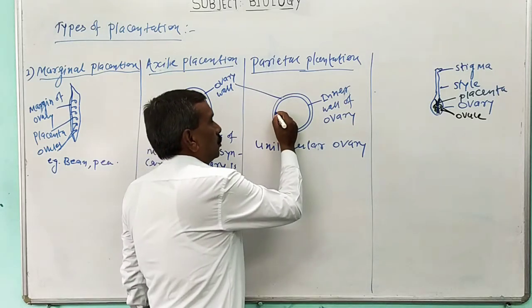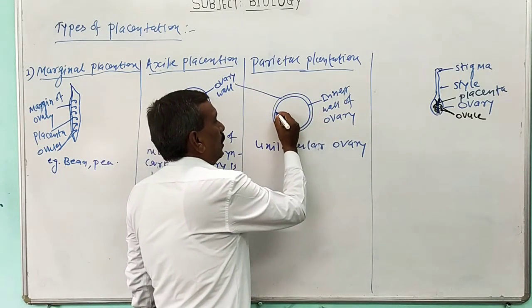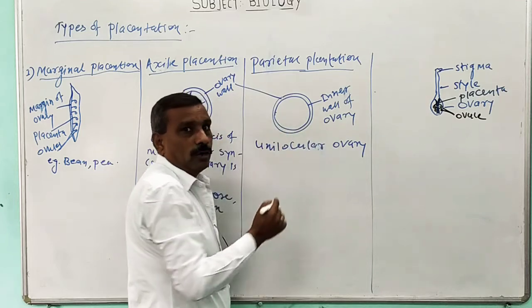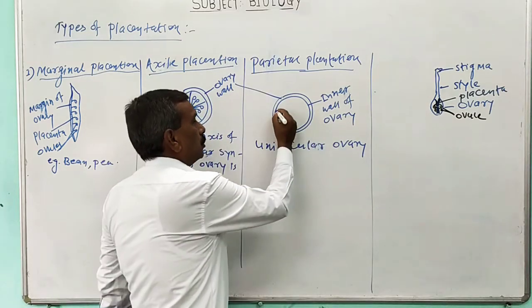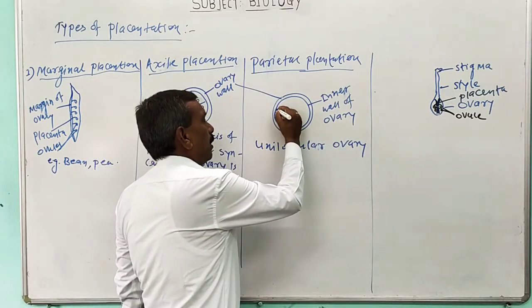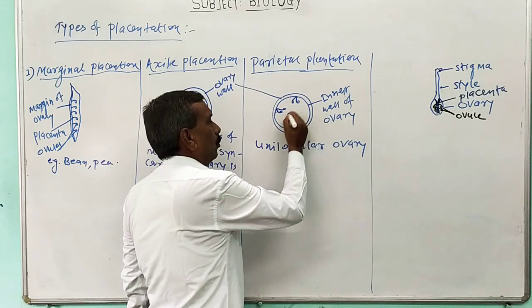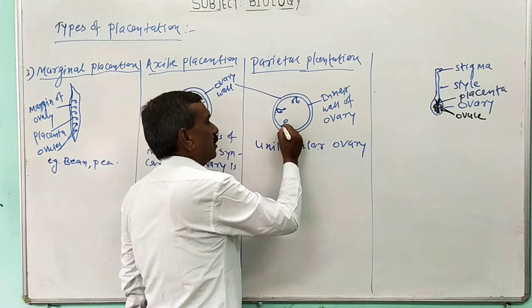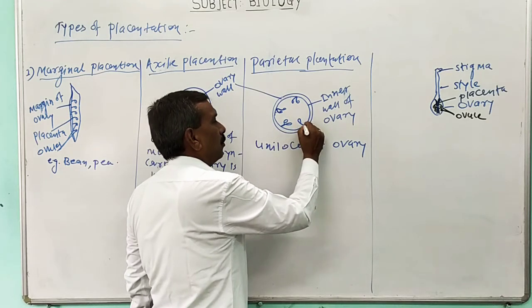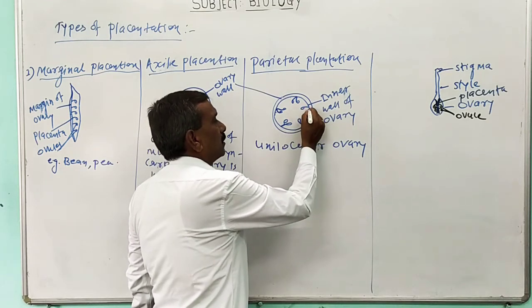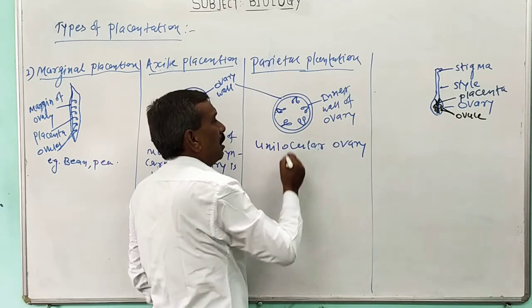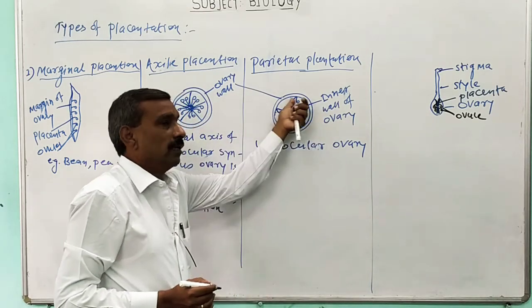Now here, this one is the inner wall of the ovary, or you may call it the periphery of the ovary. When ovules develop from this peripheral margin of the ovary, that placentation is known as parietal placentation.